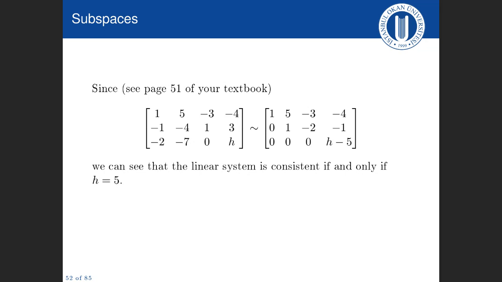If h is not 5, then we have a pivot in the right-hand column, and that tells us that the linear system is inconsistent. So the answer to this question is y is in the span of v1, v2, and v3 if and only if h is equal to 5.